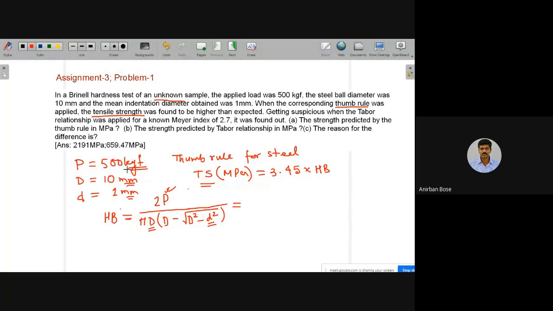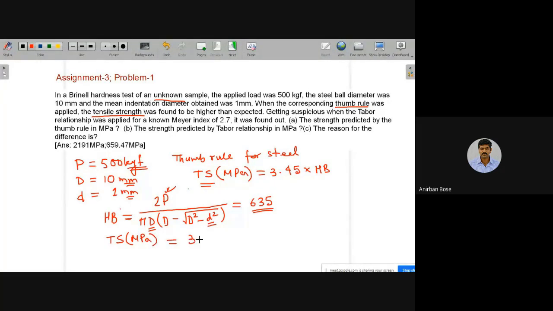If you just put these values and do the calculation, it will come around 635. Please check whether in your case it also comes to that. So it is coming around 635. Now you simply find the tensile strength using the thumb rule in megapascal unit.